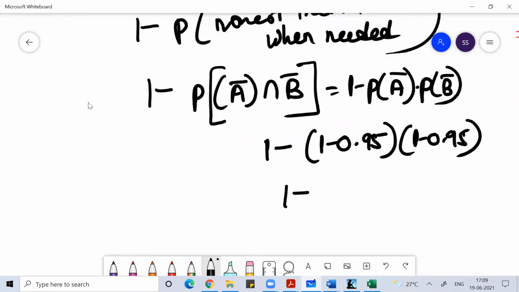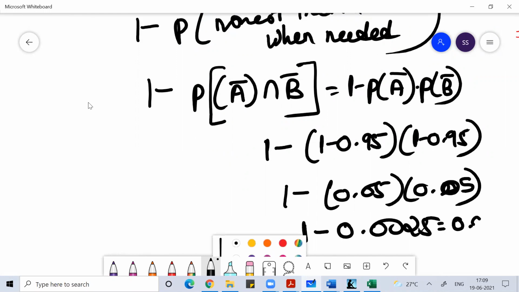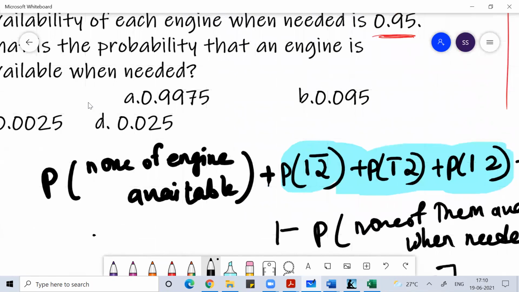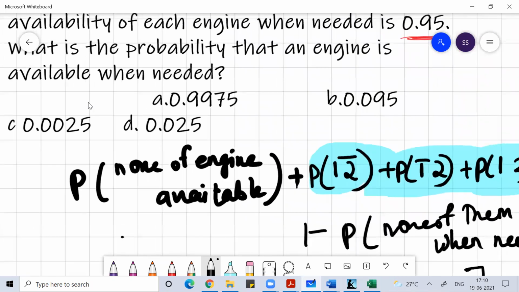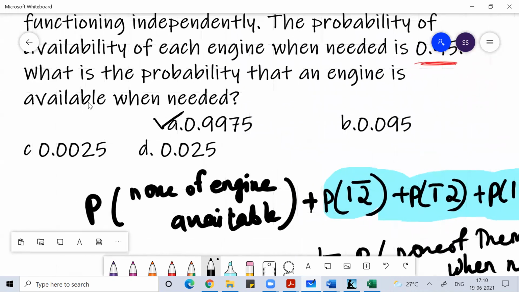So 1 minus 0.05 into 0.05, that is 1 minus 0.0025, which gives you 0.9975. Option A. Clear everyone? Any doubt?